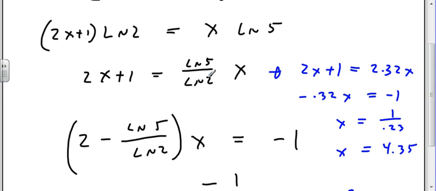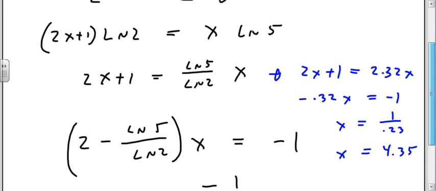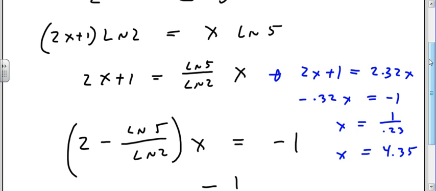So I got this. I put it over there. I do that. I put the negative sign over there. And I got minus. Did I put a minus? Yeah, I did. It would seem to the casual observer that I should be getting the same answer, shouldn't I? Natural log 5 divided by natural log 2, 2.32.